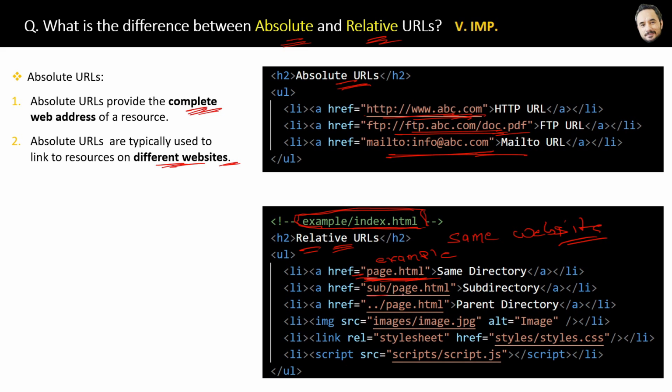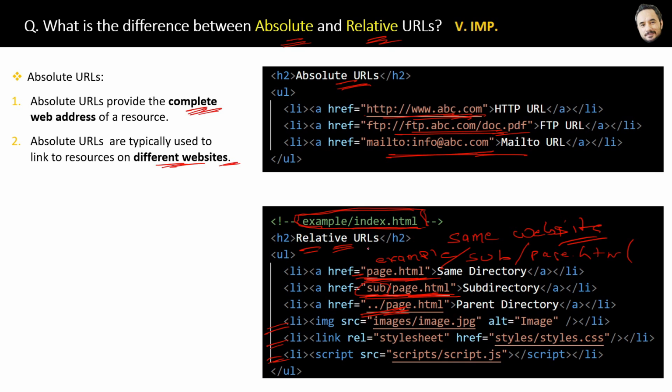Then this next link means, for example, this example directory has again a subfolder or subdirectory inside it whose name is sub. Now HTML will look for this page.html inside the subfolder, okay? And in the third case, the page.html is directly inside the root directory of the website, not inside any specific folder, okay? Similarly, all the below URLs are related to your current website only.